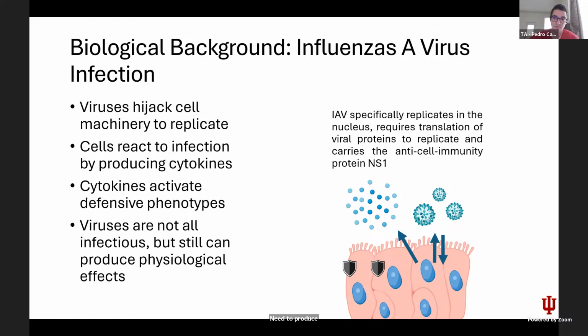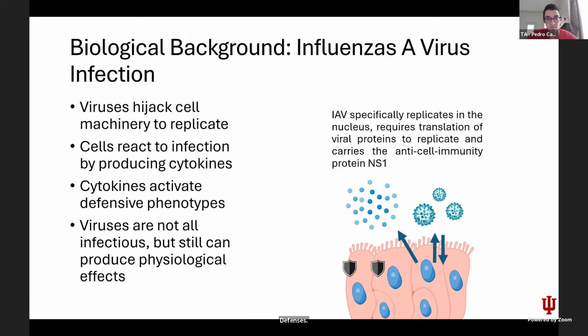There are other types of viruses where the replication occurs before the production of proteins. And they also carry the NS1 protein, which is an anti-host protein. It disables the cell defenses.